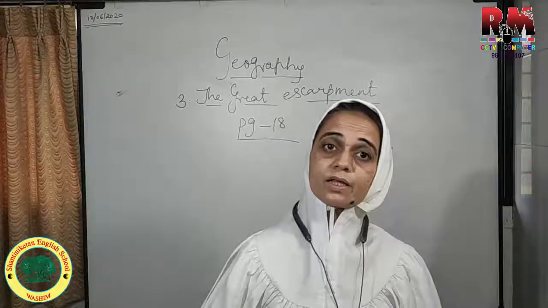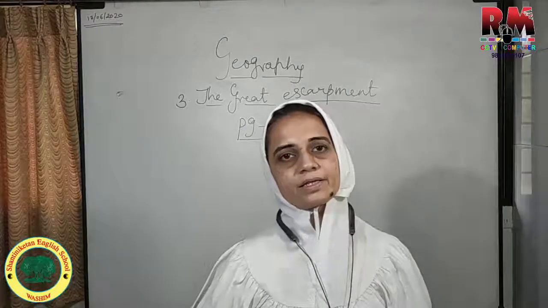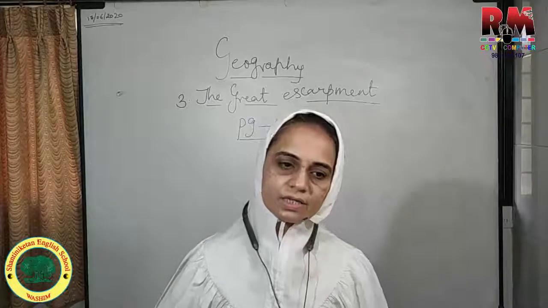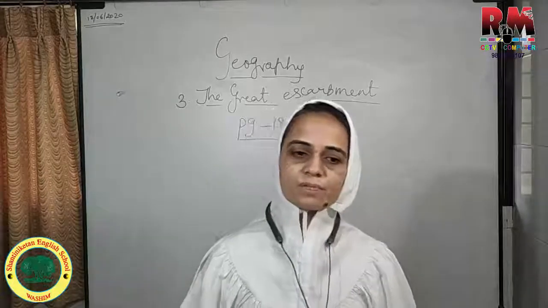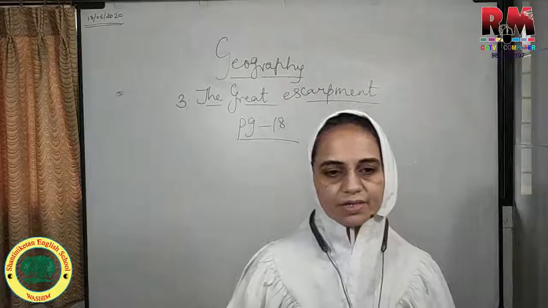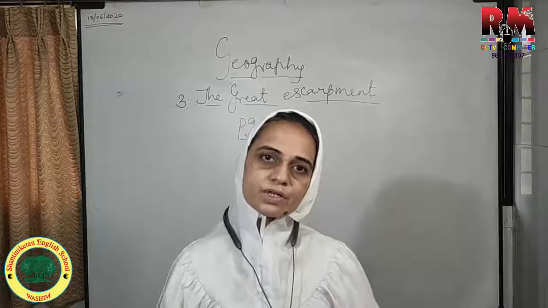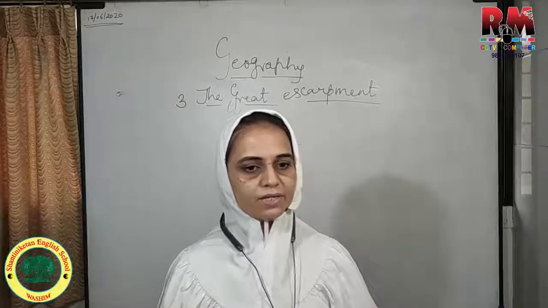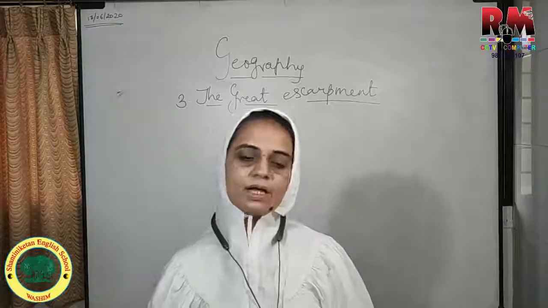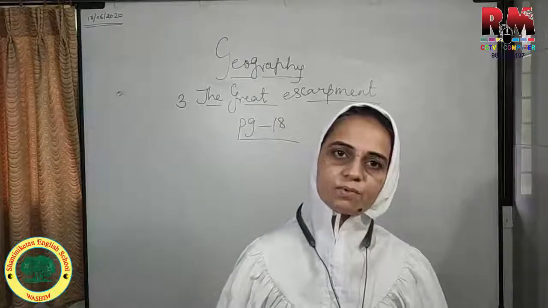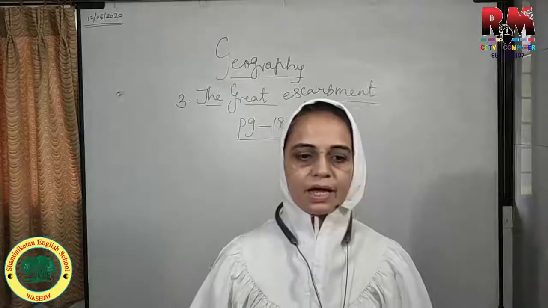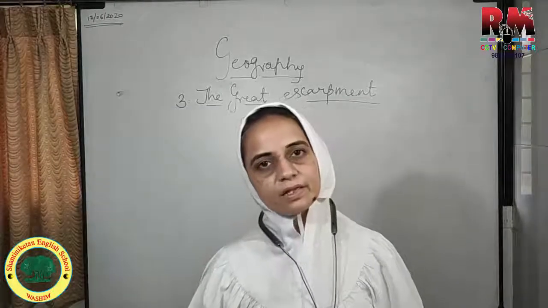The Amazon plain lies in the north part of Brazil and generally slopes eastwards. The Amazon basin is quite wide in the west but narrows toward the east. How much does it occupy? It occupies 1300 kilometers. Its width is minimum where the Guiana Highland lies and it comes closer to the Brazilian Highland.